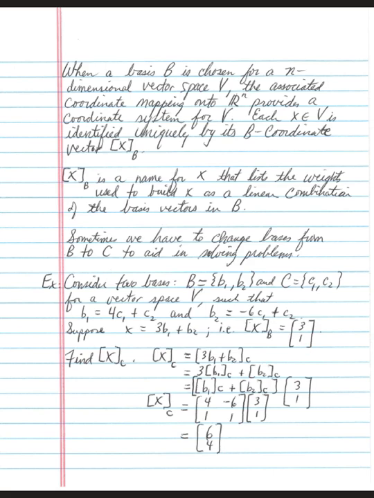Okay, so now with all that information, we're going to find x sub c, the C coordinate vector. So the C coordinate vector, we're going to write x as 3b sub 1 plus b sub 2, and a little subscript c for the C space.